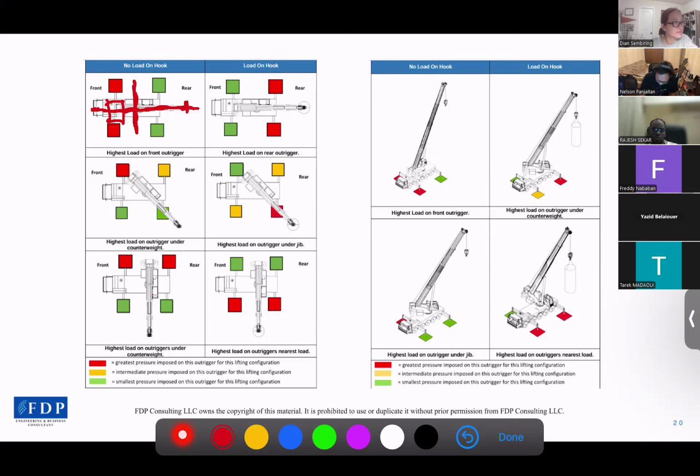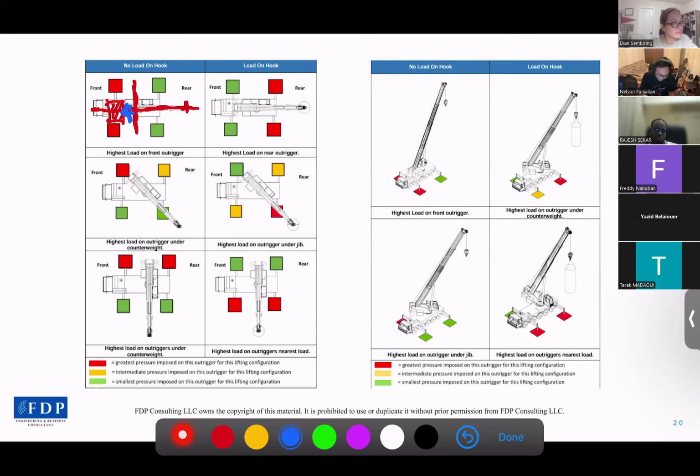When there is no load on the hook, the COG is only affected by the counterweight. That's why when we calculate the COG, it will appear behind the center of the slew ring.